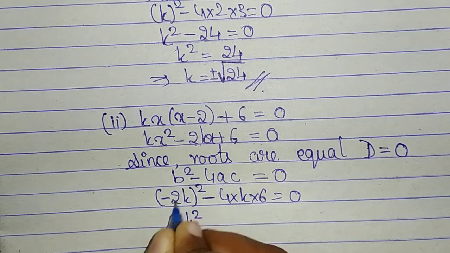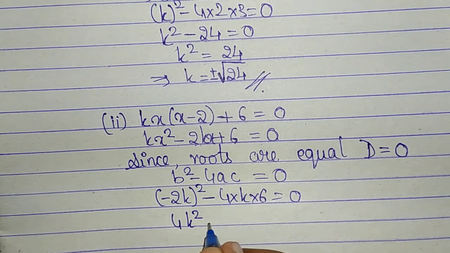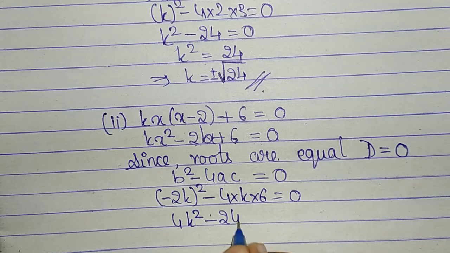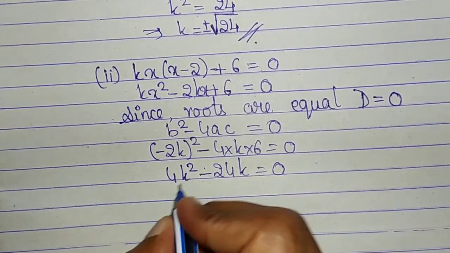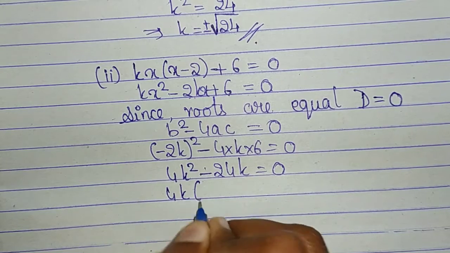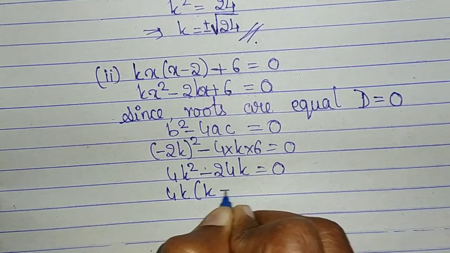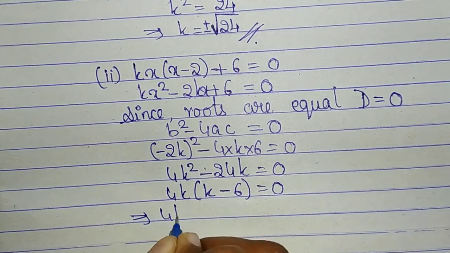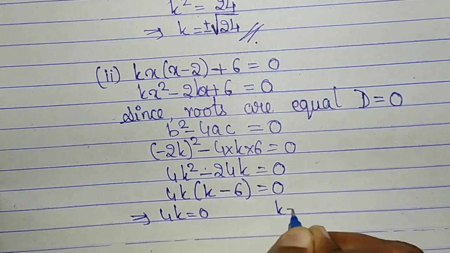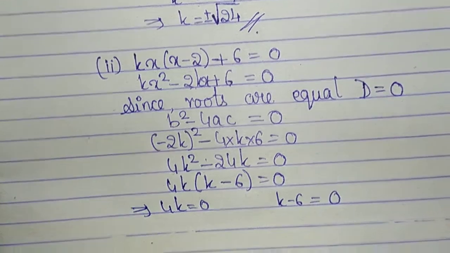Minus 2k whole square is 4k square, minus 24k is equal to 0. On factorizing, we get 4k common, and in the bracket what will be remaining is k minus 6 is equal to 0. So this implies 4k is equal to 0, k minus 6 is equal to 0.